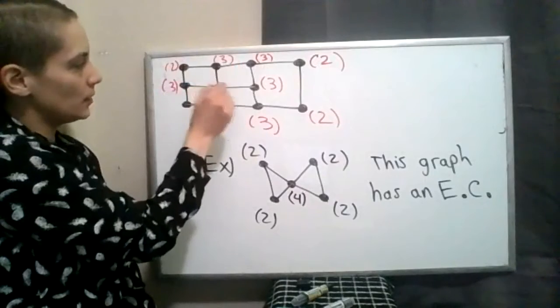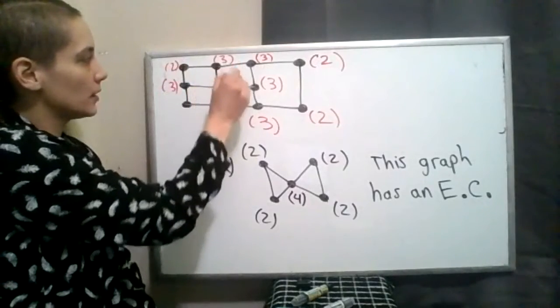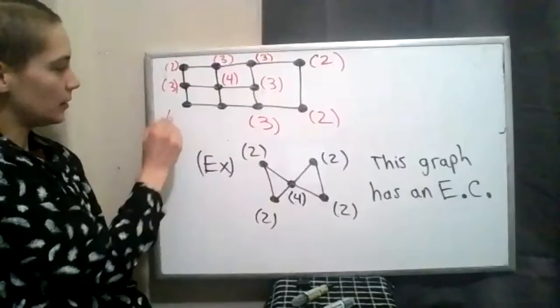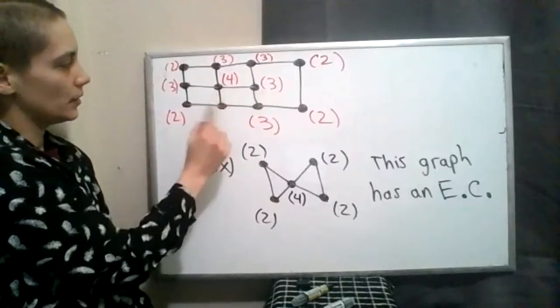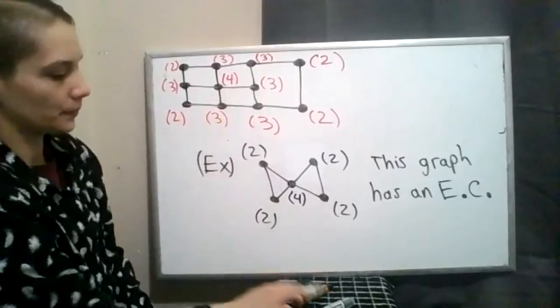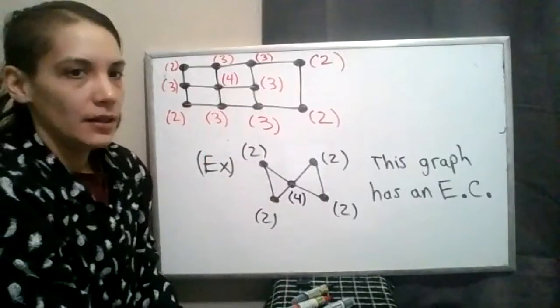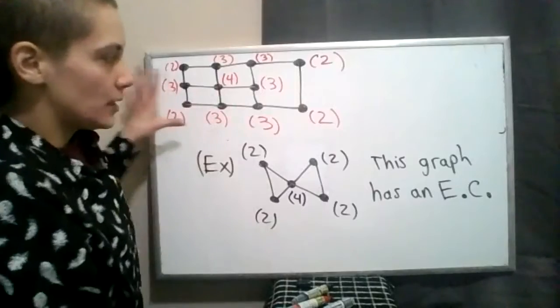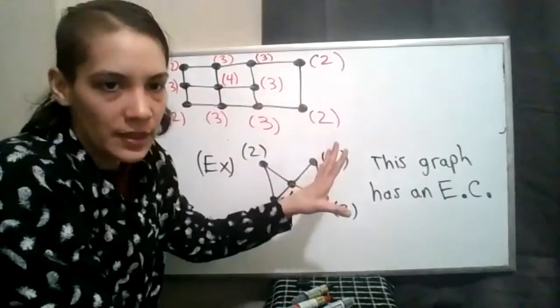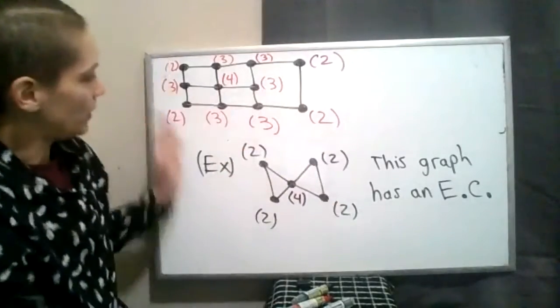And here's a degree 4, this is degree 2, and degree 3. So either it's all evens, which makes it a circuit, but that didn't happen.